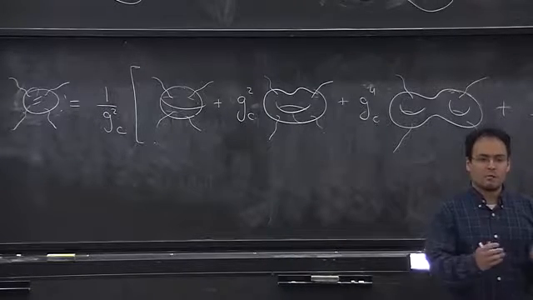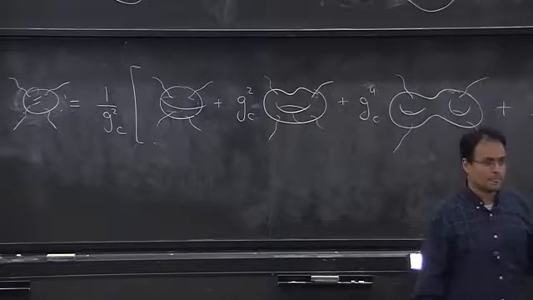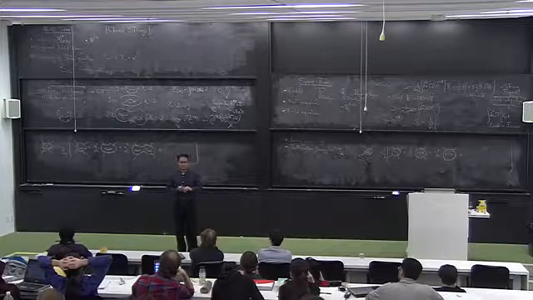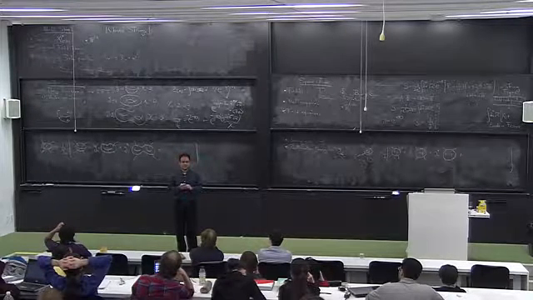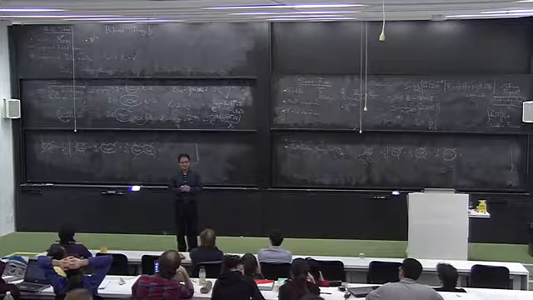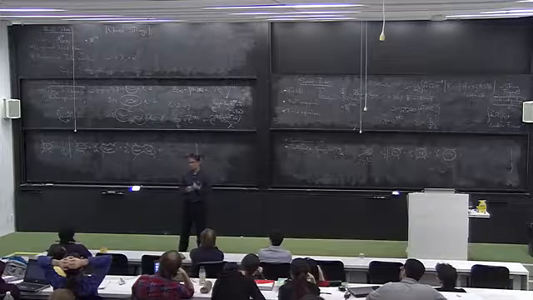Leading order in alpha prime means that you have to take alpha prime very, very close to 0, right? So what happens to the tension of the string? Remember, the tension was 1 over 2 pi alpha prime. So if you take alpha prime to 0, the tension is very, very large. And a string with a very large tension would look like what?